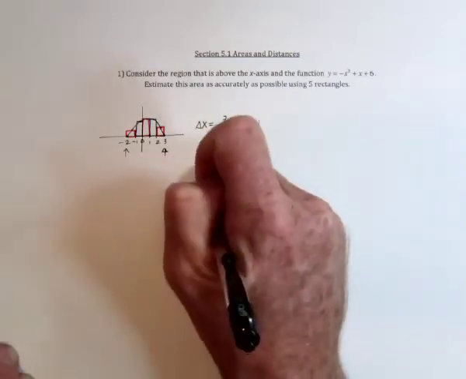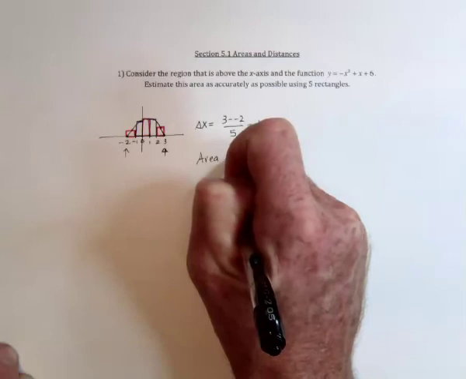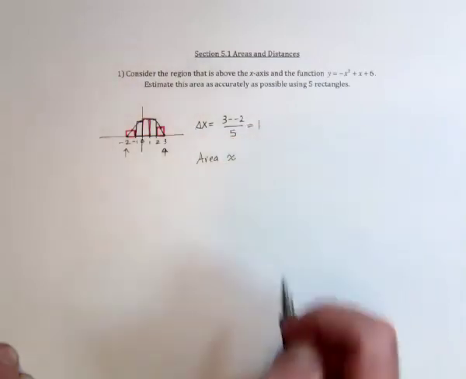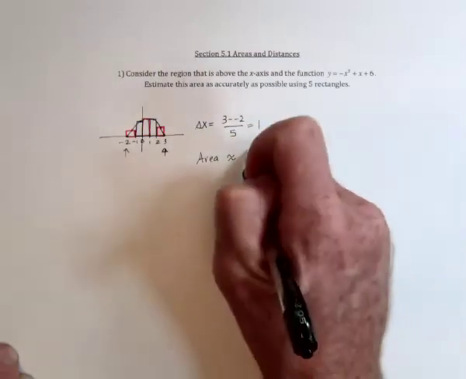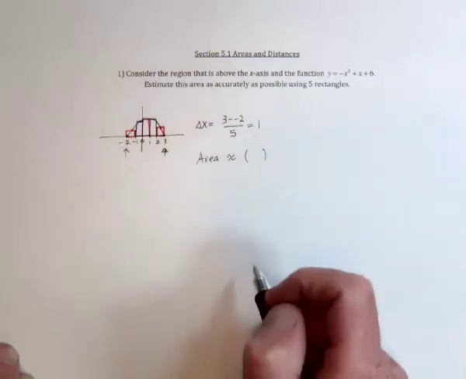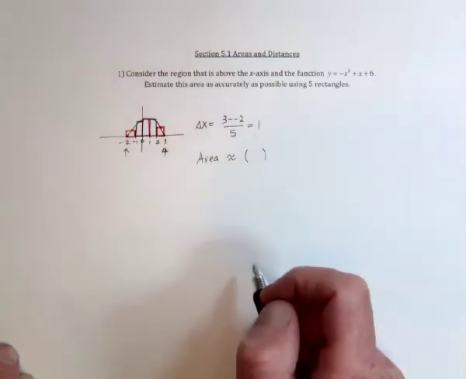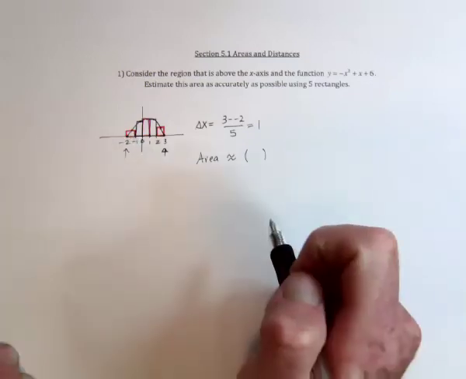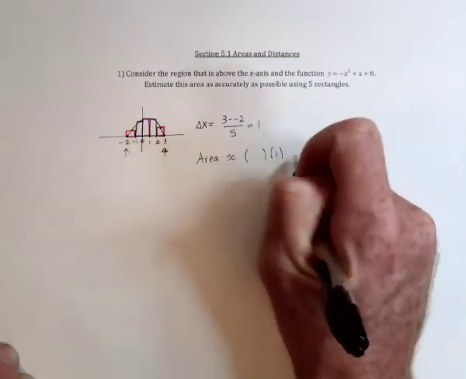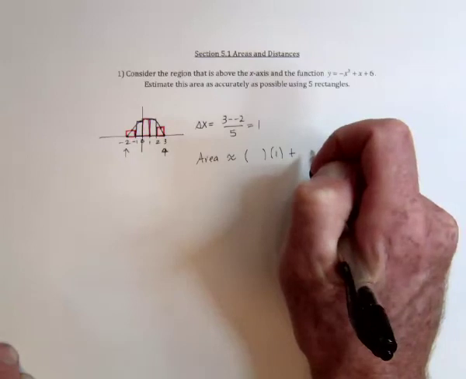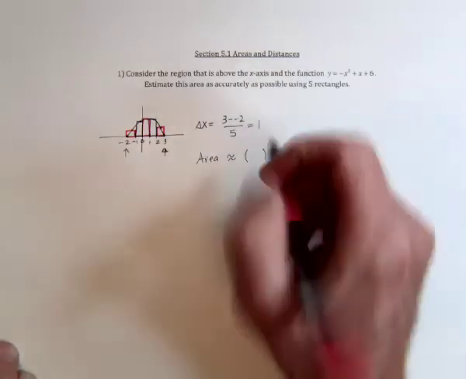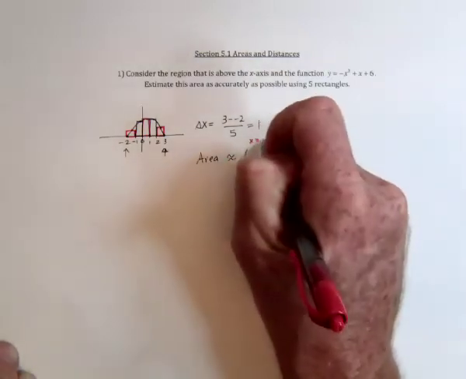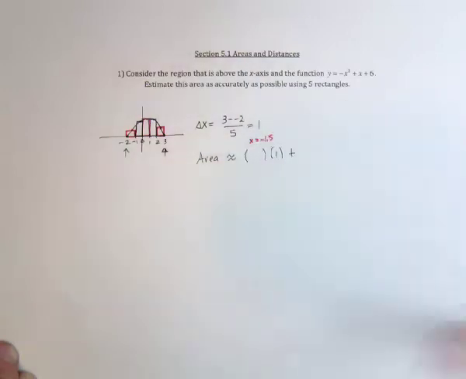So we'd have the area is approximately, substitute -1.5 into the function, and then times 1, plus, so this one is going to be for when x equals -1.5, and then substitute that into the function.